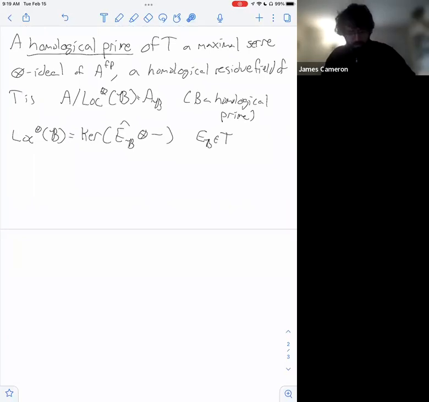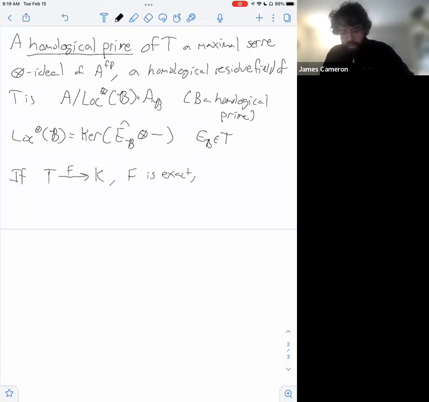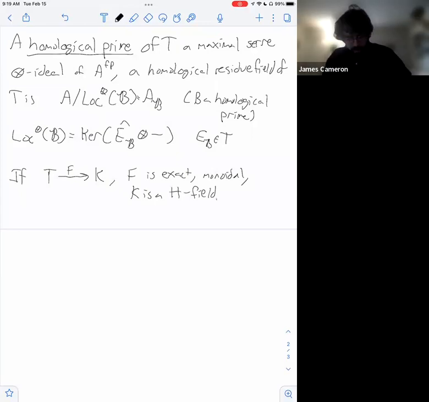So if T is my tensor triangulated category I care about, and if I have a residue field, let's call it K, and let's call this residue field functor F. So if F hat is a functor and F is exact and monoidal, and K is a tensor triangulated field, what could I do?